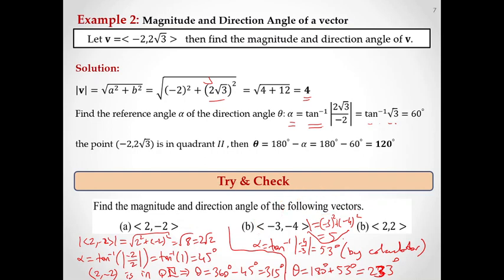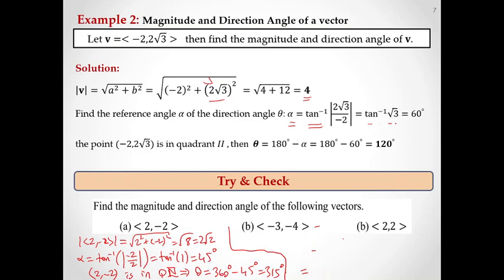Okay, I don't have much space here. So the magnitude of the last vector is 2 square root 2, and then alpha will be tangent inverse of 2 over 2, which is equal to 45 degrees.